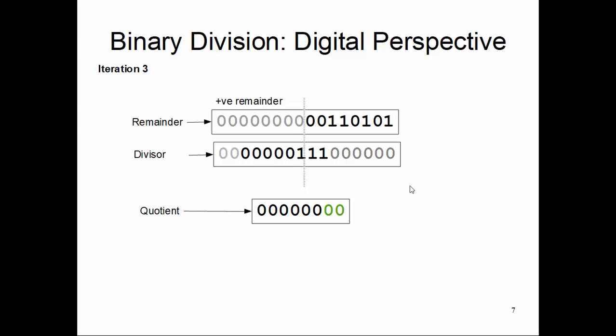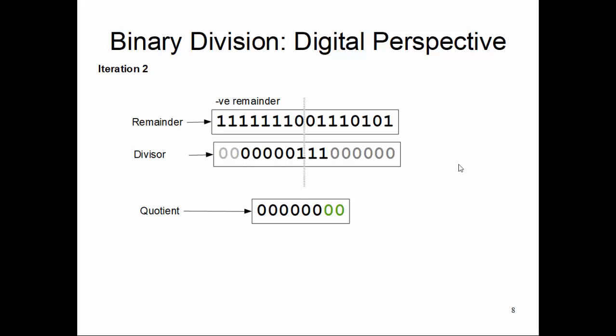You probably now notice that we are gradually bringing the divisor bit pattern under the dividend bit pattern, as if we are trying to find some bit pattern of the dividend which becomes more than the divisor bit pattern. We are shifting the divisor, bringing it under the scope of the dividend bit pattern, and trying to find digitally the point at which my divisor register will contain a lower value than the remainder register. Till now it's not that point.